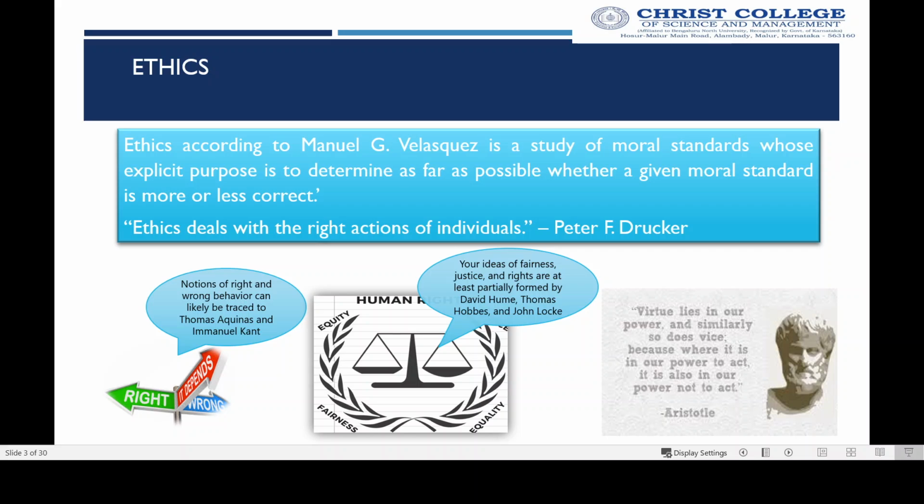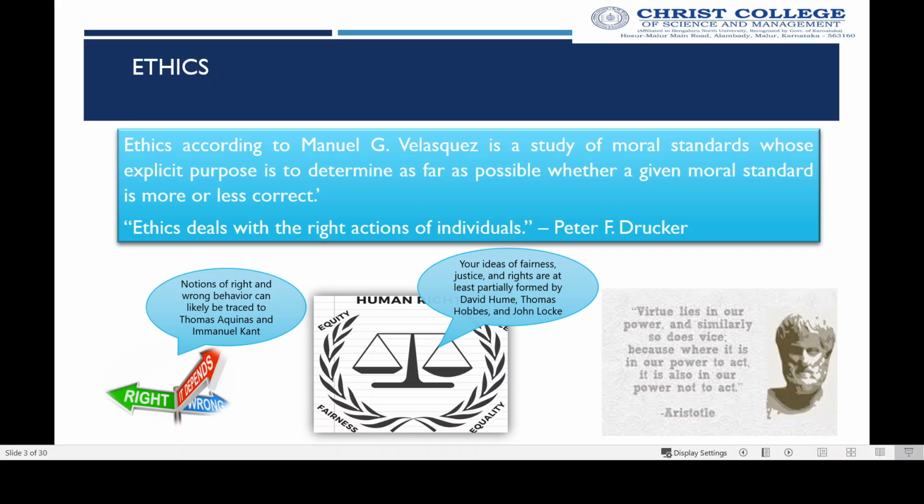If you see the word ethics, it has been in history for a very long time. Many have contributed to ethics. The words like right and wrong, what is right behavior and wrong behavior, were first conceptualized by Immanuel Kant and Thomas Aquinas.